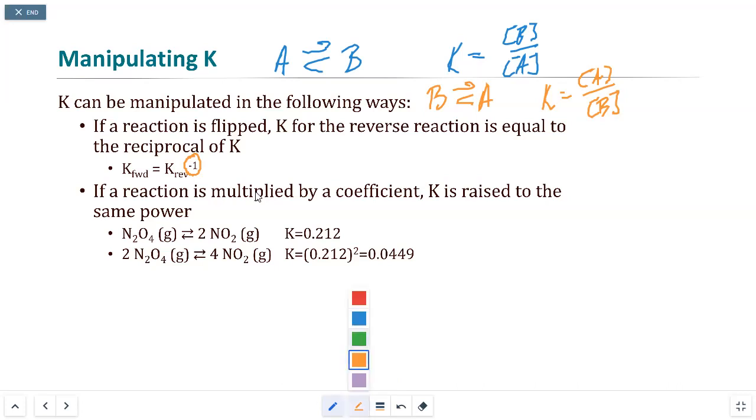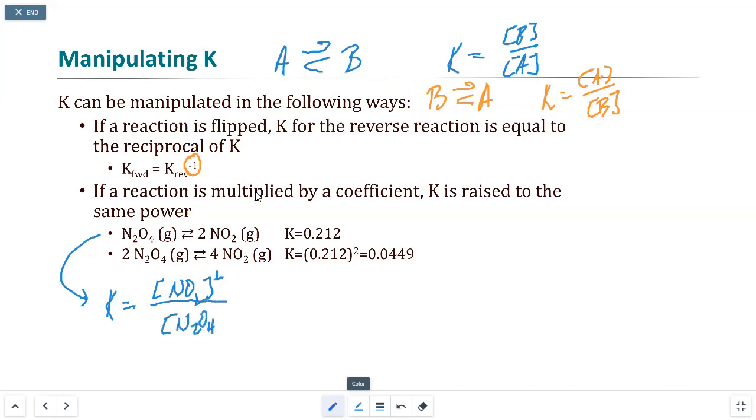So again, the way to look at this, let's just do a little comparison. The K expression for this first reaction would be NO2 quantity squared over N2O4. If I compare it to the bottom reaction, it would be NO2 to the fourth over N2O4 quantity squared.